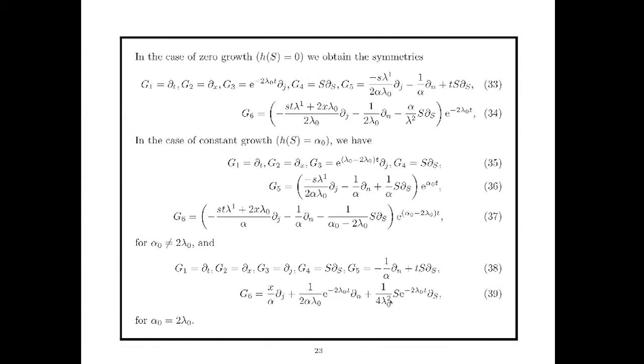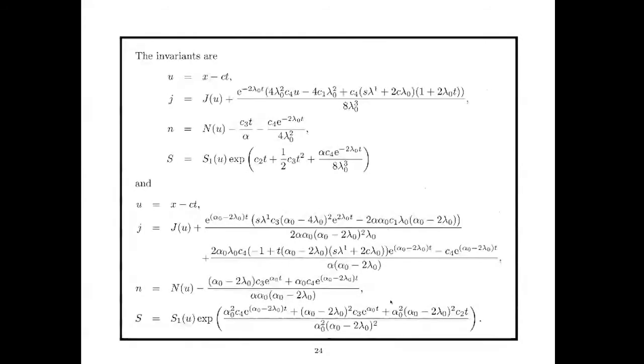Now, if you look at this horrible set of symmetries, it's difficult to see what one can do. Well, it turns out that in each set of symmetries, you can always write down the invariants. So you can always write down the new variables that you use to substitute into your original system. Now, again, this looks really quite messy.